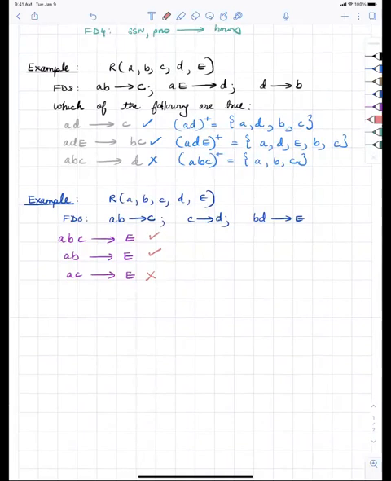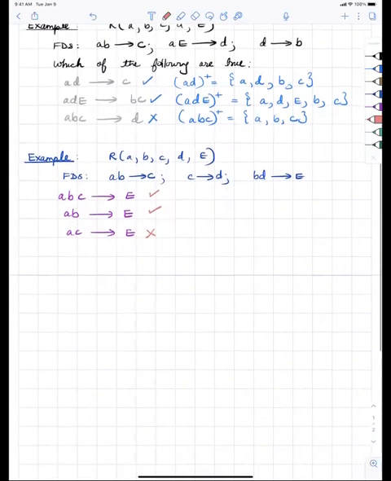So now that you have an understanding of functional dependencies, the next thing I'm going to talk about is how to reduce a table to normal forms.